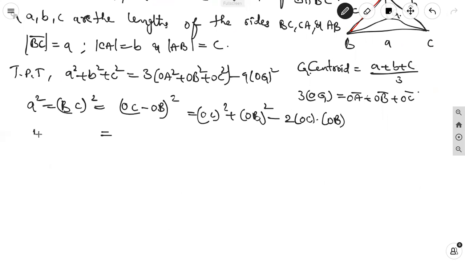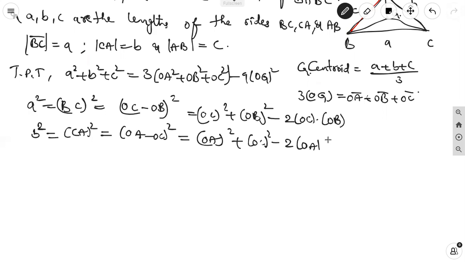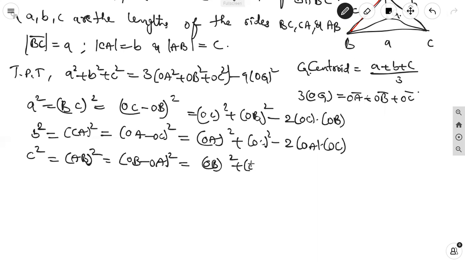Next, similarly, we can find b square is equal to CA whole square, that is (OA minus OC) whole square. It is equal to OA square plus OC square minus 2 into OA into OC. C square is equal to AB whole square, that is (OB minus OA) whole square, equal to OB square plus OA square minus 2 into OB dot OA.